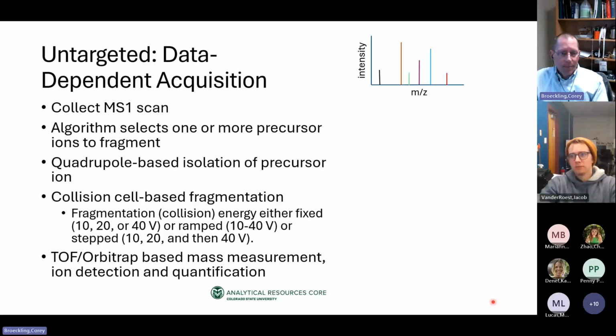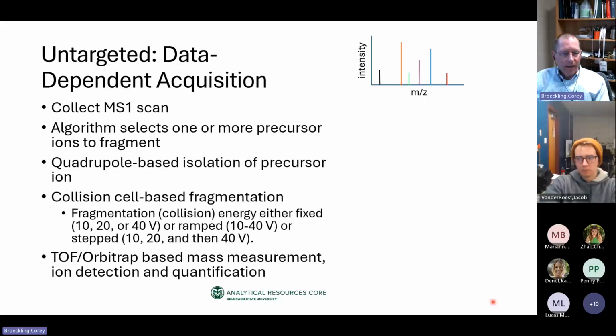In an untargeted type application, the most common approach for collecting MSMS data is called data-dependent acquisition, DDA. You will see this abbreviated in the literature and on websites. And I'll walk through the principle of this. So the first thing that you're doing in a DDA experiment is you're actually collecting MS level data.